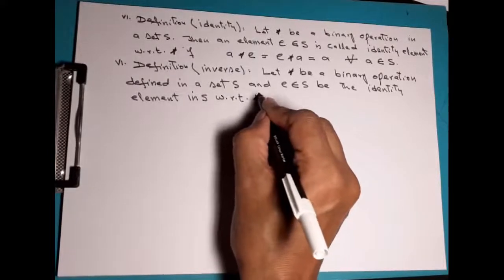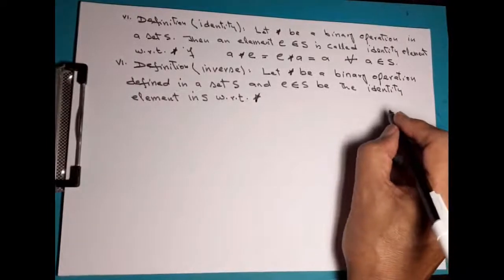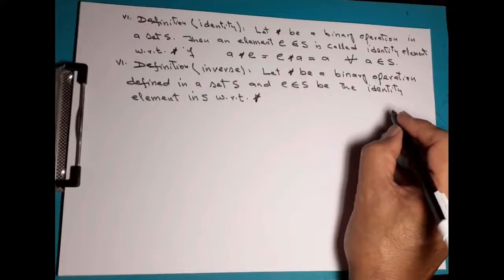In our case it is star. So let E be the identity element in S with respect to this binary operation star.